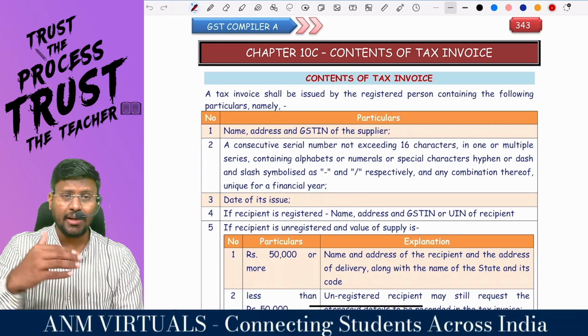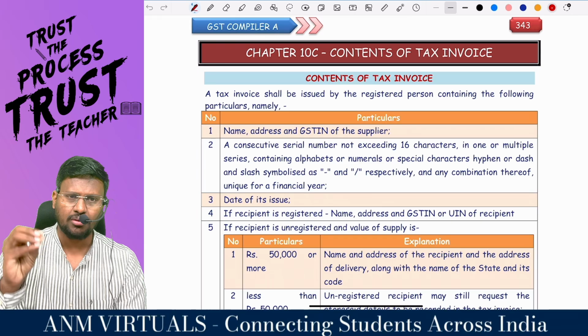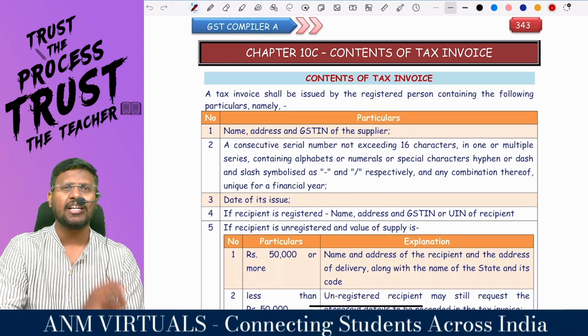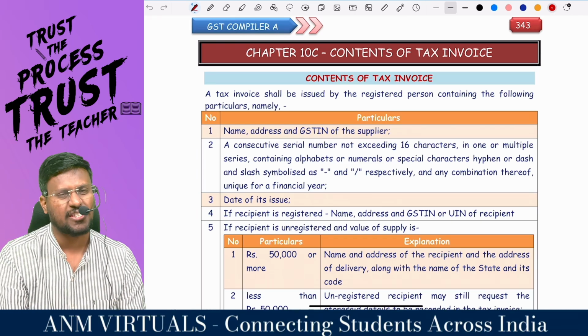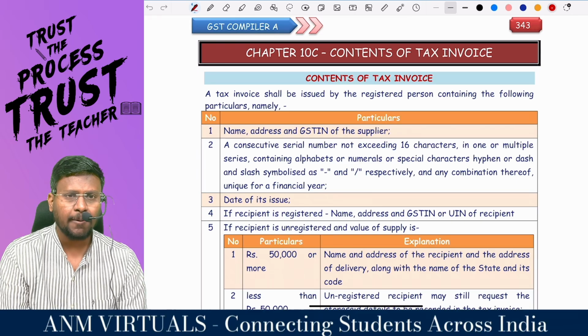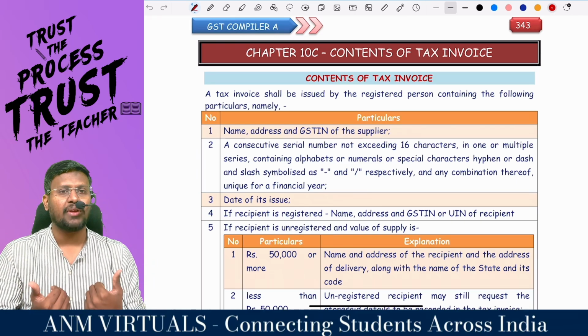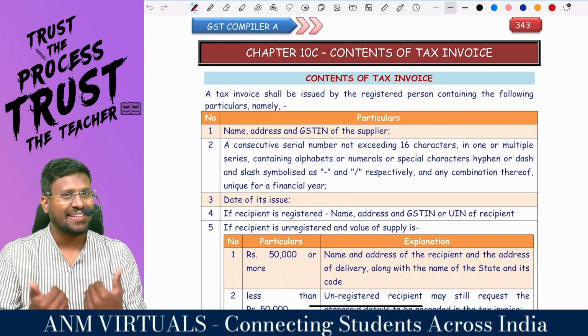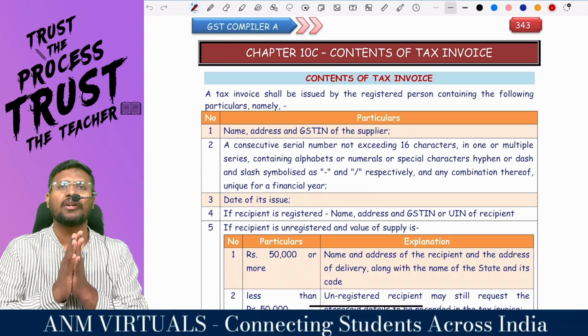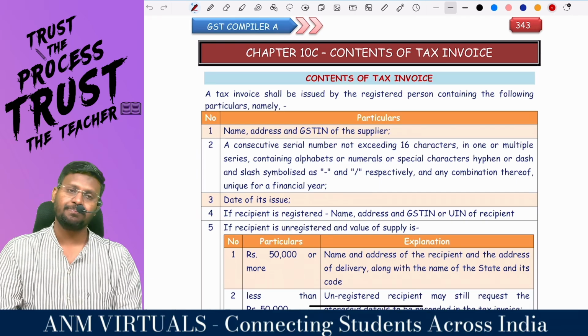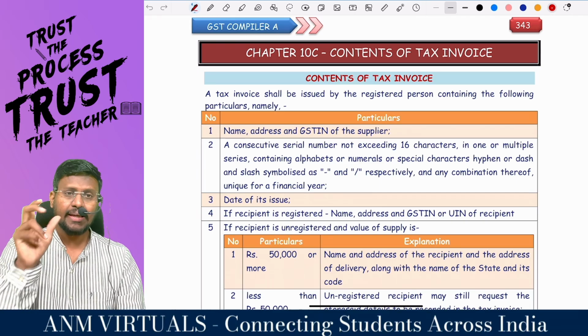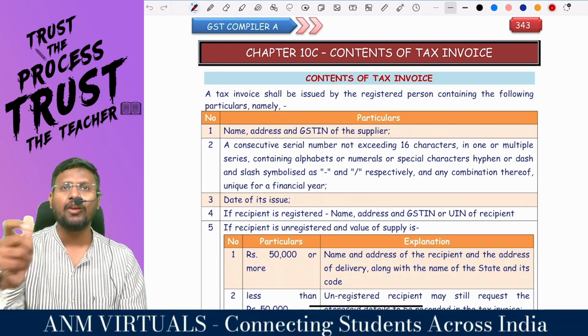Bill of supply. Consolidated tax invoice as per 31 subsection 3 clause B, and bill of supply as per 31 subsection 3 clause C. And we have receipt voucher as per 31 subsection 3 clause D, refund voucher as per 31 subsection 3 clause E. And reverse charge is applicable to 9(3) and 9(4).